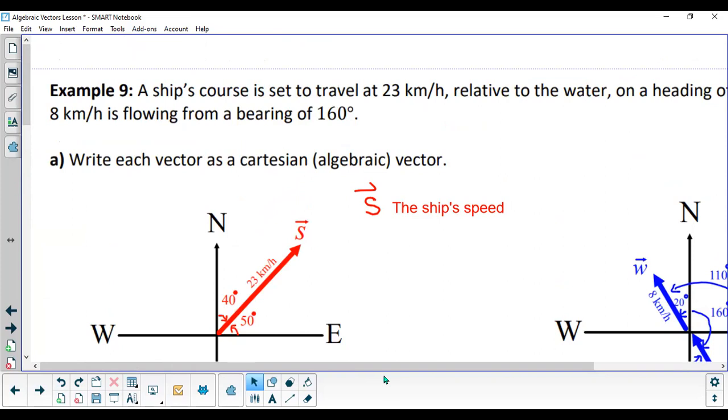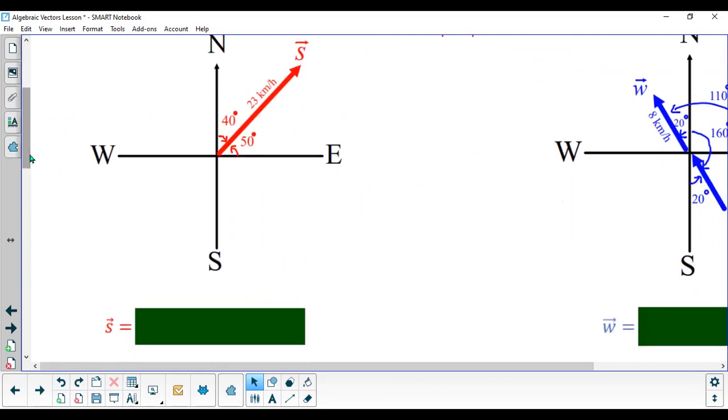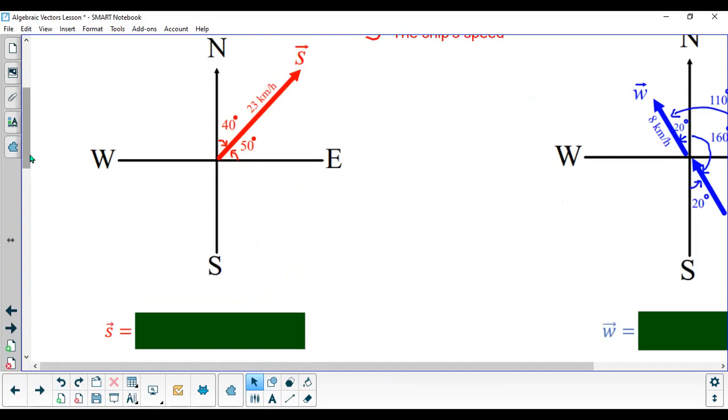So 40 degrees is from north to the terminal arm, but that is not going to be my theta. When I'm trying to write my vector as a Cartesian vector, and I'll highlight that in a second, I do need to figure out the angle from the x-axis to the terminal arm, okay? So we cannot use 40 degrees as our theta.